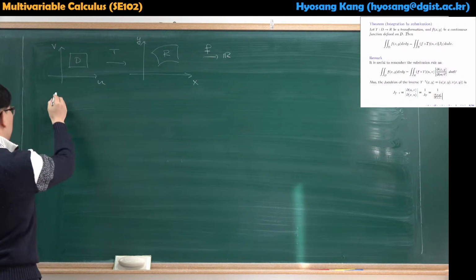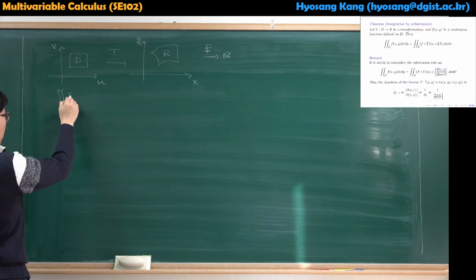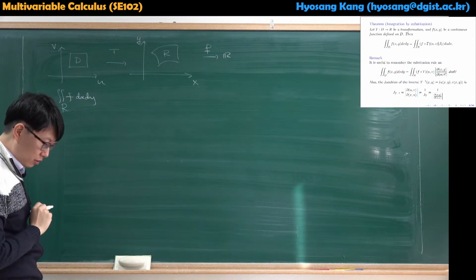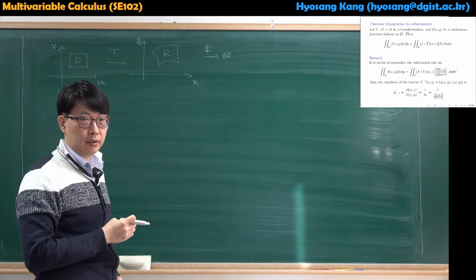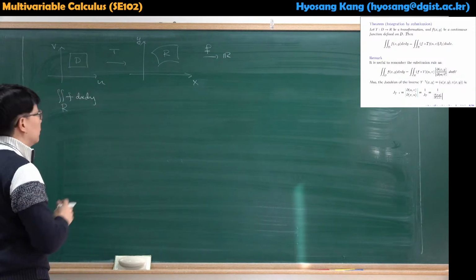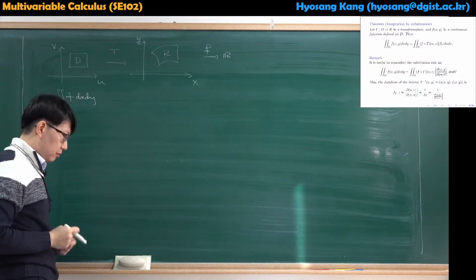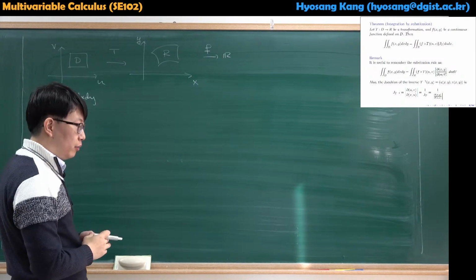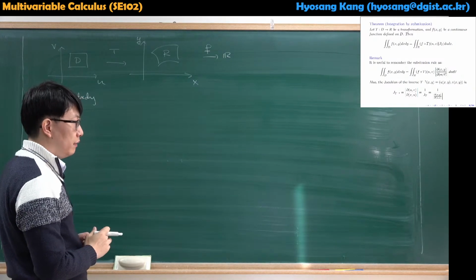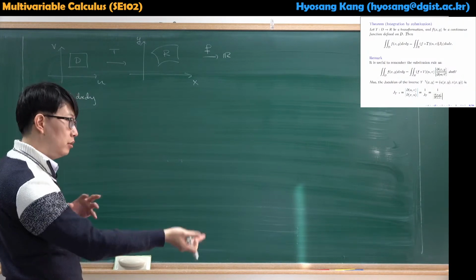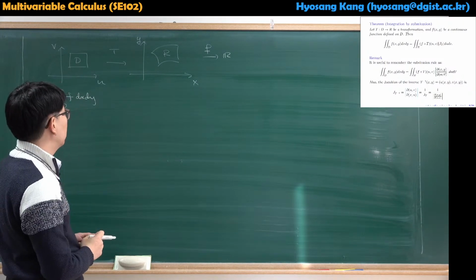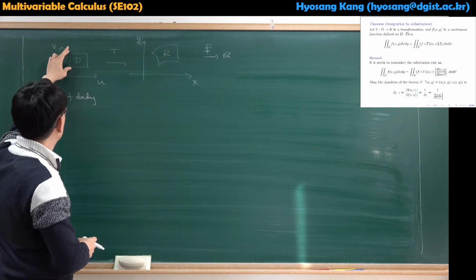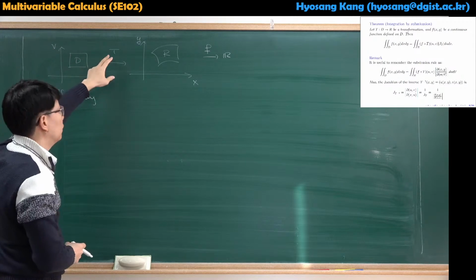So originally I want to integrate over R, just using the terms x and y. But you see R is a weirdly shaped region, so it's not easy to apply Fubini's theorem or just use the definition of the double integral. So I have to transform my R into a well-shaped region inside uv using the one-to-one function T.